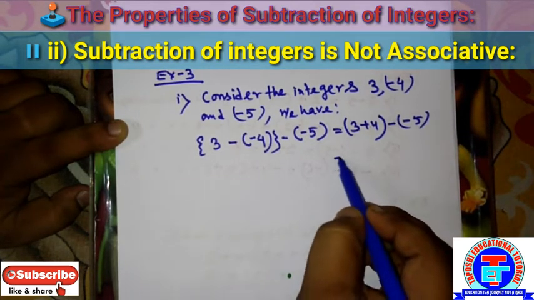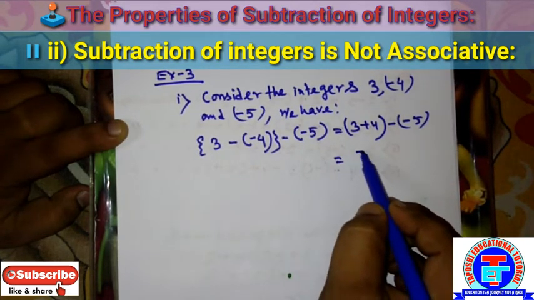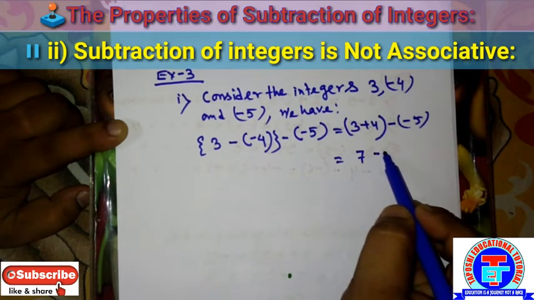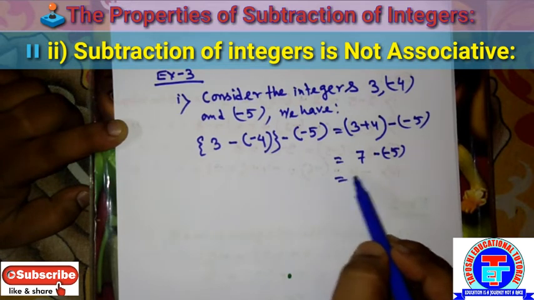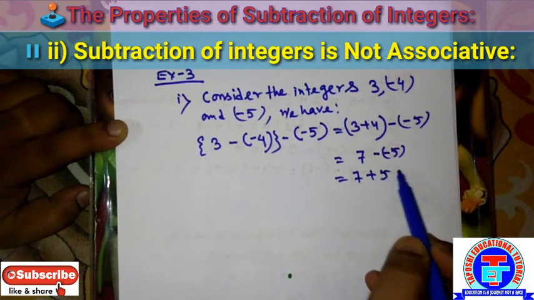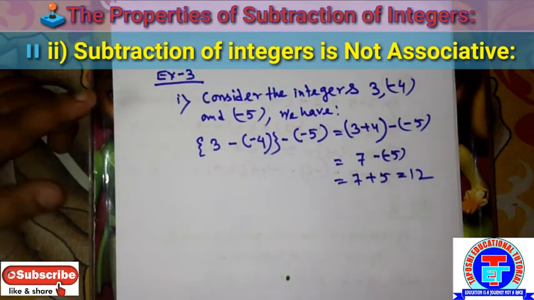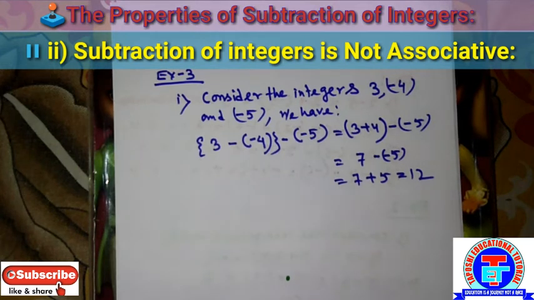Okay, that means it will become 7 minus 5. It will become 7 plus 5, that means 12, right?